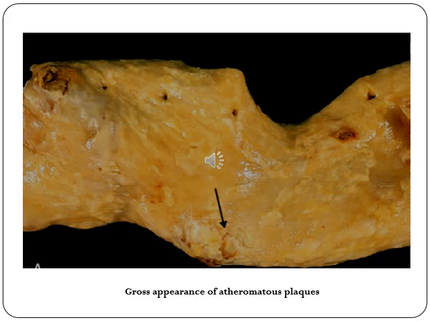This picture shows the gross appearance of an atheromatous plaque. These are again pointed out by arrows, which are raised plaque-like structures that are yellowish white in color, and these ulcerated brownish areas are also seen. These are ruptured or complicated plaques.